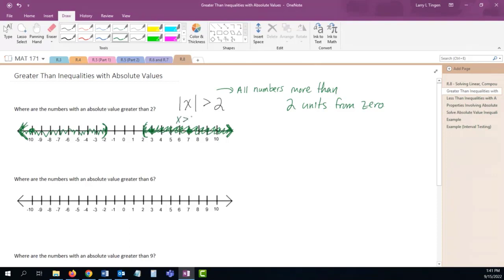Would everybody agree that this side is x is greater than 2? Just this part of the number line that's highlighted, that's x is greater than 2. What's the other side as an inequality without the absolute value? Well, this is all the values of x that are less than -2.